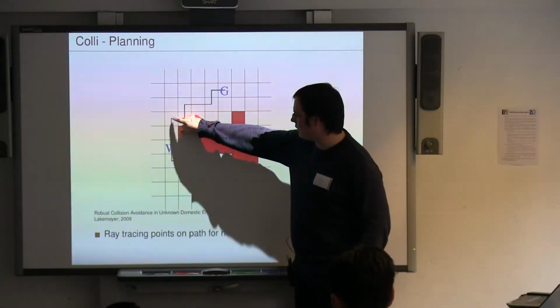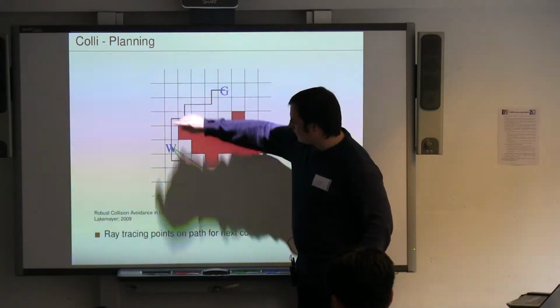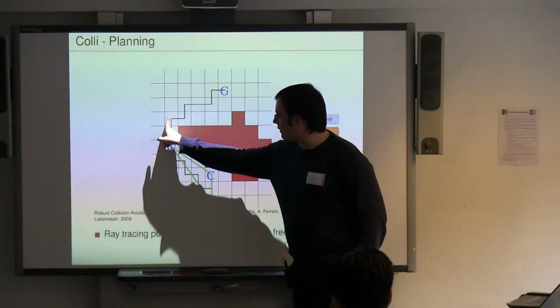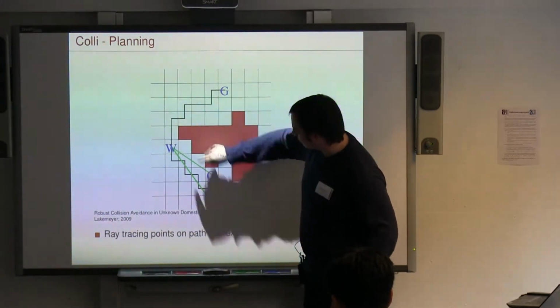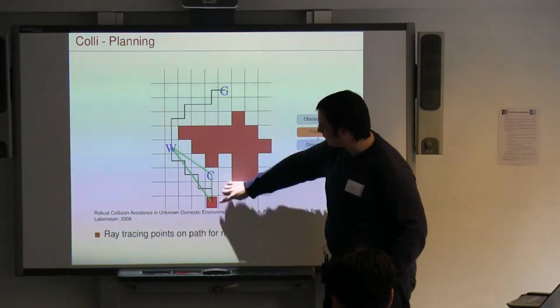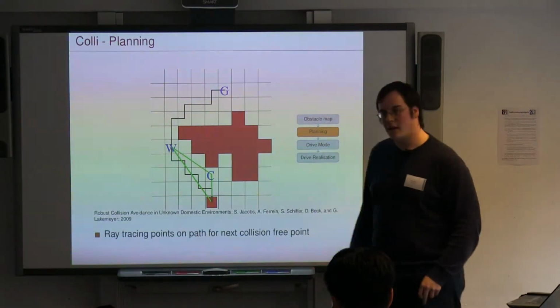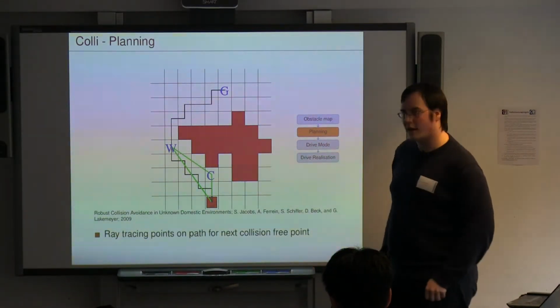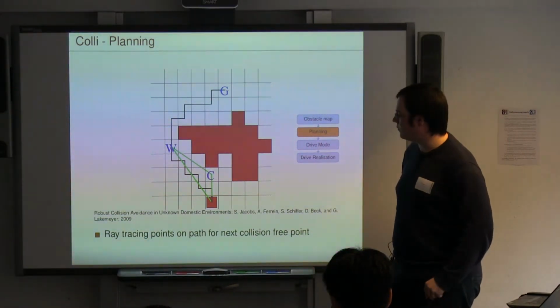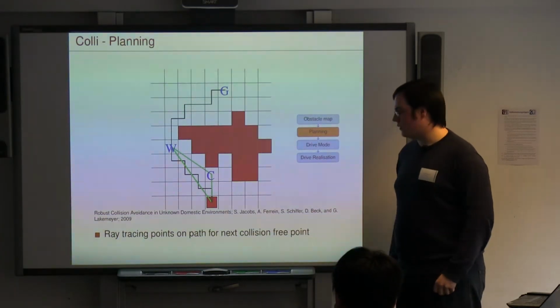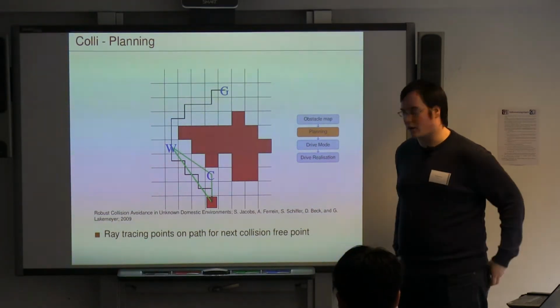And if you see here, if you would reach this point and try to raycast to the robot, you would need to go through the obstacle. So that's where W is the next point, which we then, as on the plan, want to fully reach as the next step.